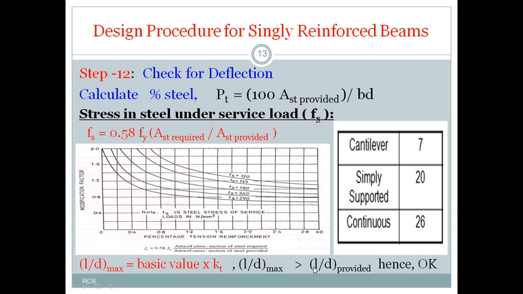For a simply supported beam, there are two criteria: the center to center distance between the supports, or the clear span plus effective depth of the beam. A minimum of these two values is considered as the effective length. So that effective length by effective depth ratio should be less than this L by D maximum. Then we can say our section is safe from deflection. This is how we check against deflection.